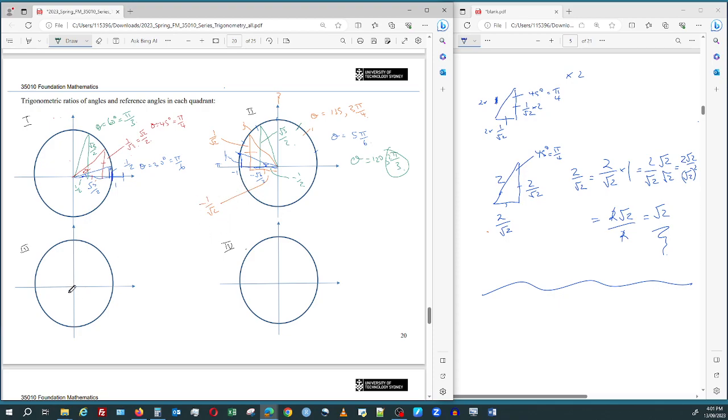So I'll put them in quadrant 3. So put our 60 degree all the way around to there. Put our 60 degree in here. All the way around. Round you go. Okay.